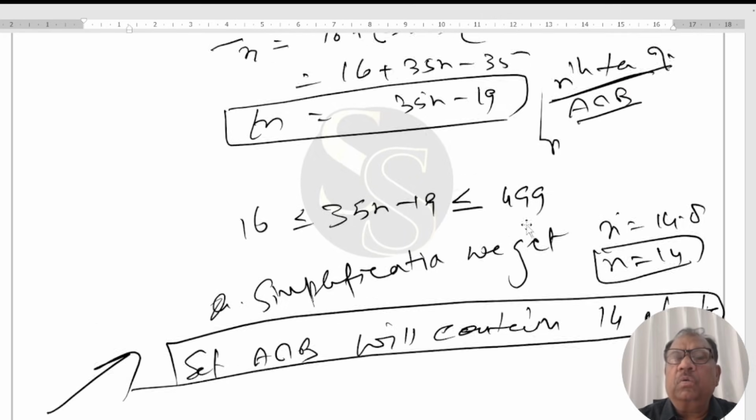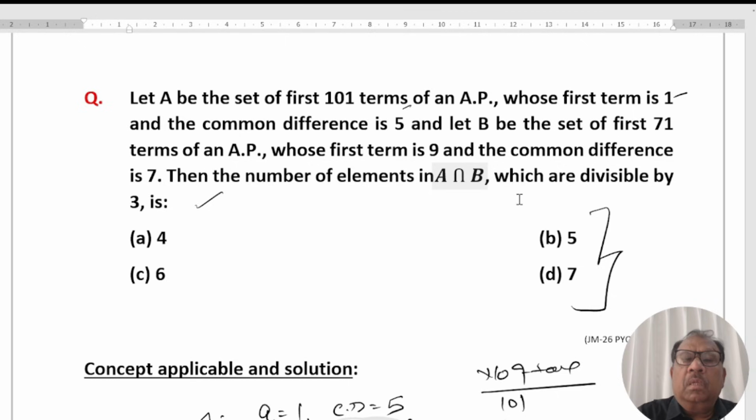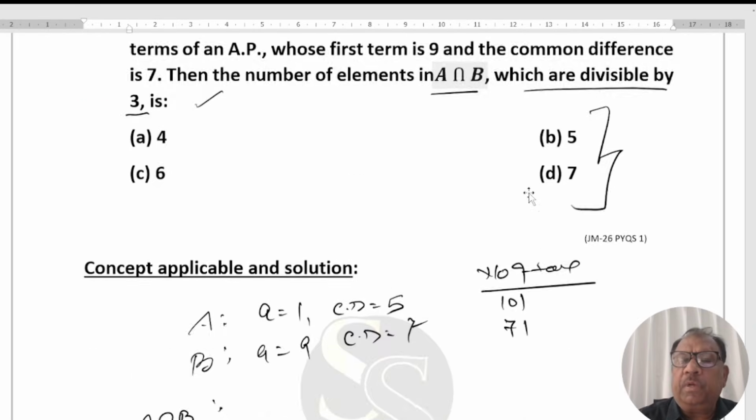Now, further, according to the question, we have to find the number of elements in A intersection B which are divisible by 3. Up to now, we have found the number of elements in A intersection B, which is 14. But we have to find, out of these 14 elements, which are divisible by 3.